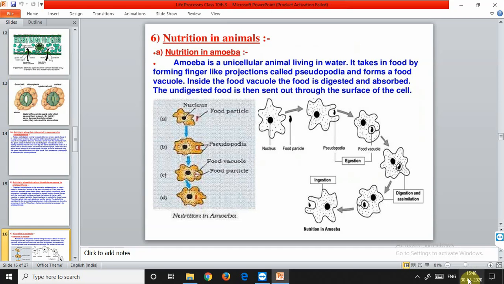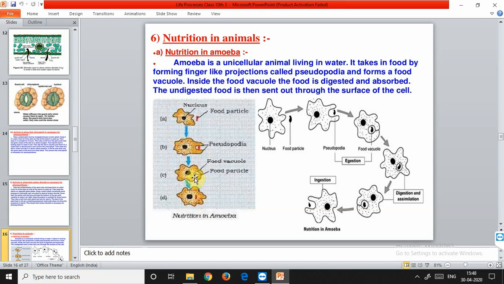So in amoeba, the nutrition is mostly holozoic. The process of obtaining food was by phagocytosis. I told you what phagocytosis was. It was the engulfment of the food particle. The diagram is there. The food particle was engulfed by the pseudopodia, the false feet that were created by the amoeba for the capturing of food.